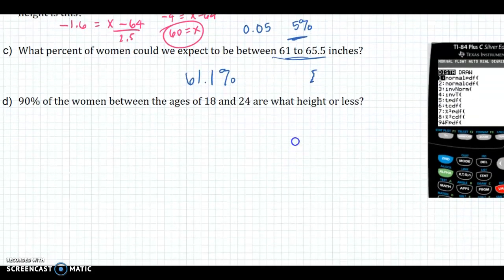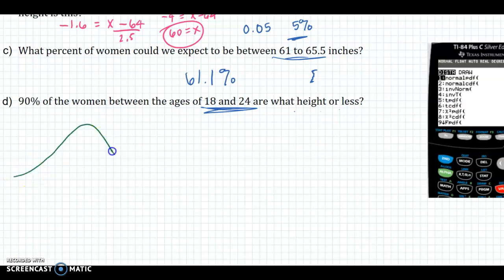And then this is the interesting one. This one is actually a problem where we work backwards. 90% of women between the ages of 18 and 24 are what height or less? And that question might seem a little confusing, so let's draw it.